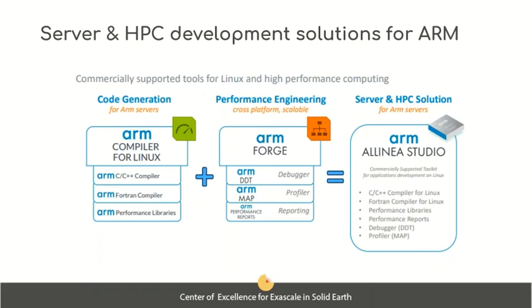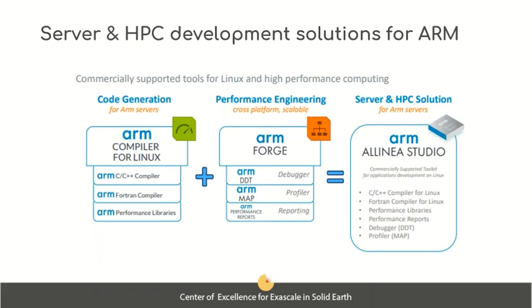Another good point for ARM is the server and HPC development solution that they propose, with a compiler which supports C, C++, and Fortran, and also a parallel debugger and profiler via ARM Forge.